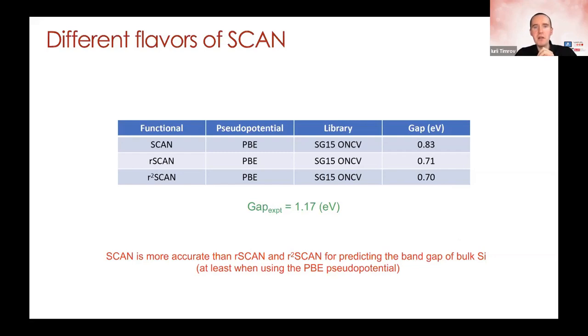It reaches the same levels of accuracy as hybrid functionals, though it's computationally much cheaper. But there are still some numerical issues when using it in practice. Silicon is a simple case and it works very well. But if you take some more complicated material, it's not that easy to use SCAN, and often you have trouble converging your calculations.